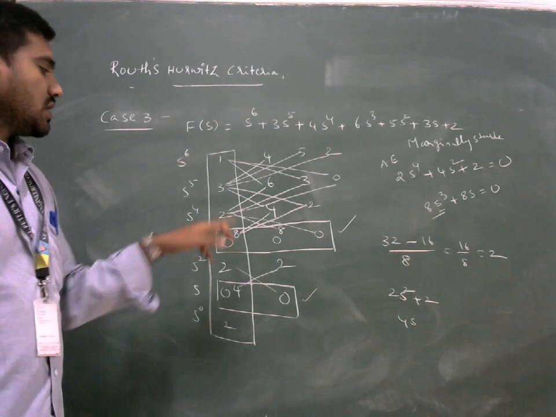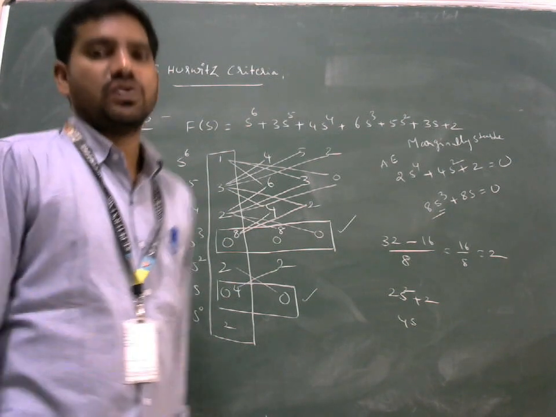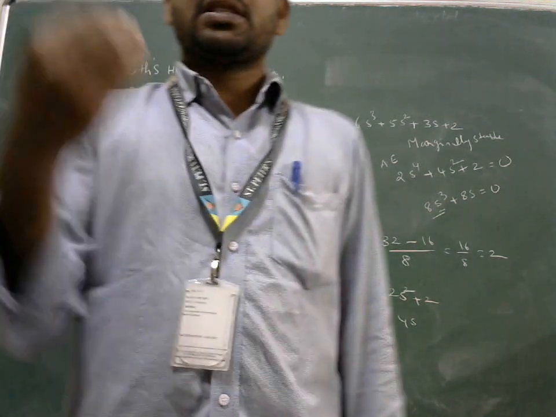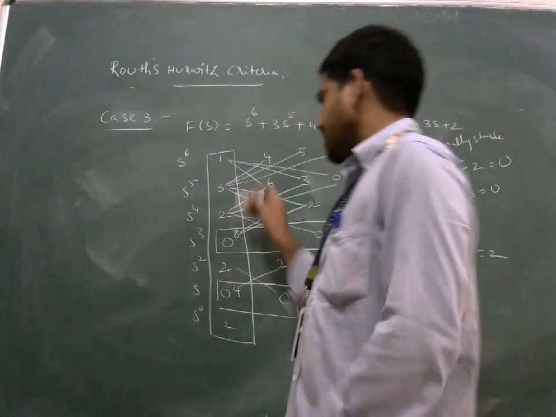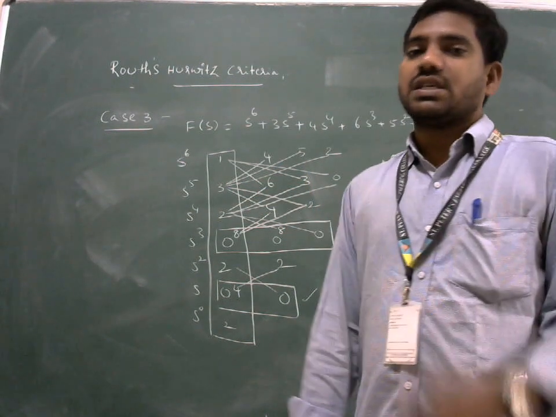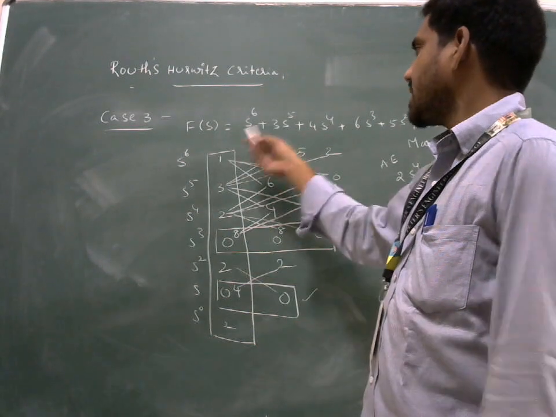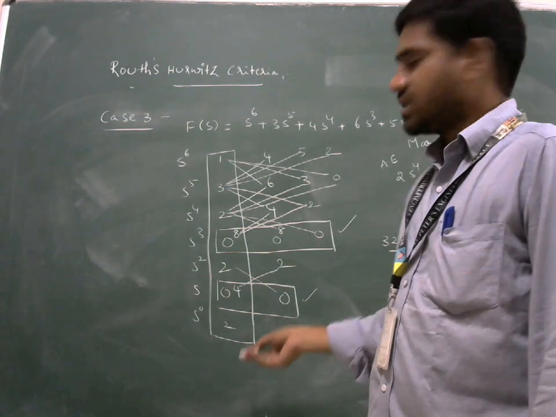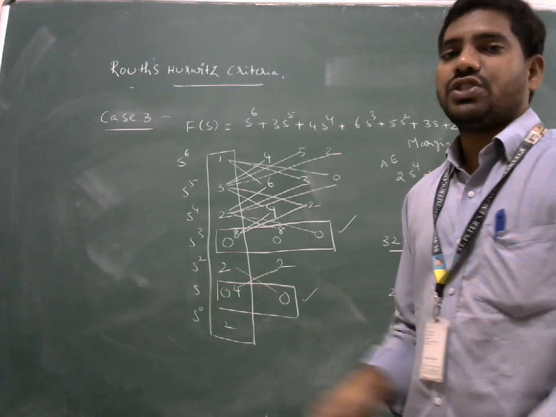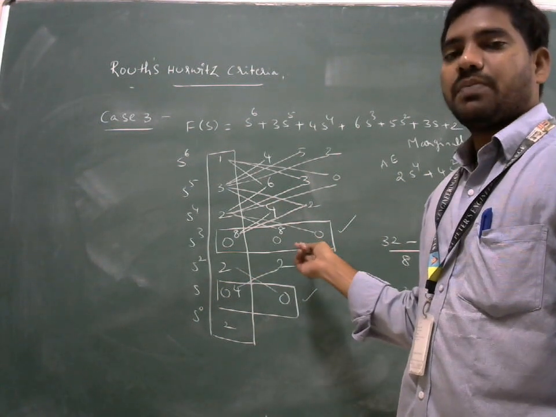Case 2 means the first element in a row is 0, then you need to replace that 0 with an epsilon, and we do the same procedure. If you do the same procedure and there are no sign changes, then we can say that it is a stable system. And the third case is where one complete row is 0.